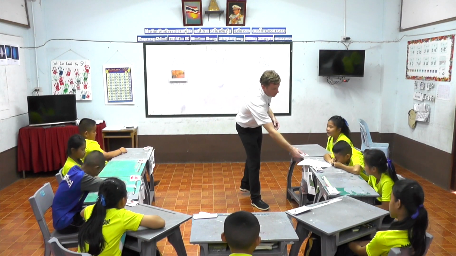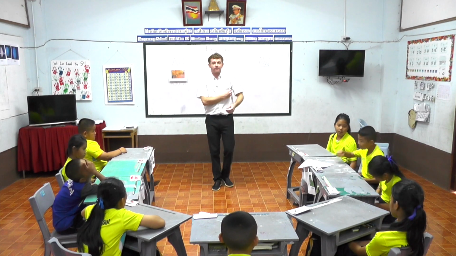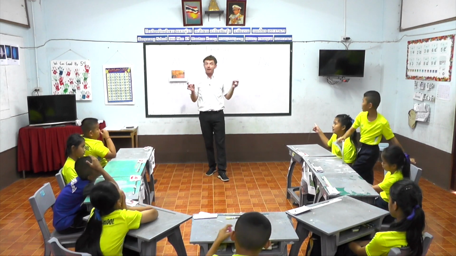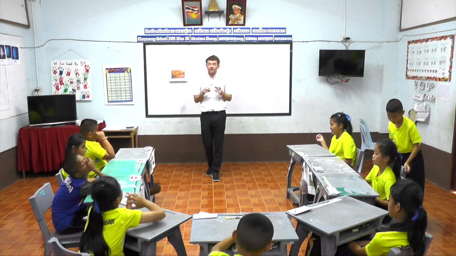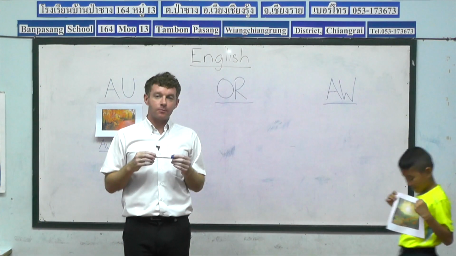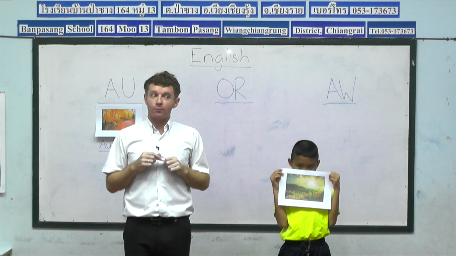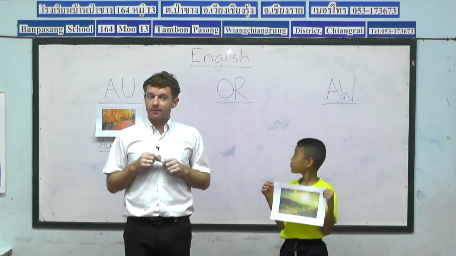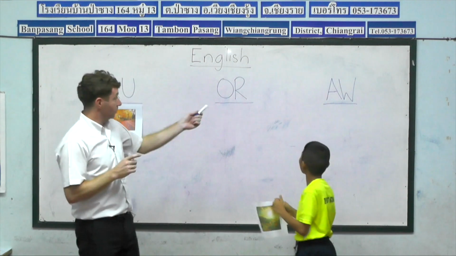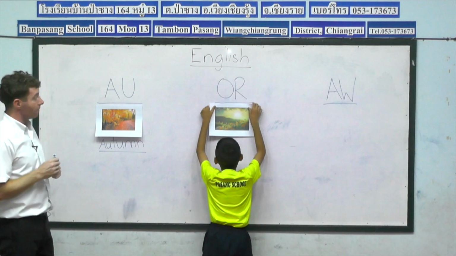And the next flashcard is with Pangpon. So let's see if Pangpon can come and present his flash picture to the class. And let's see, what picture can we see, guys? Morning. How do we spell morning? O-R. We use the O-R spelling for morning, yes.